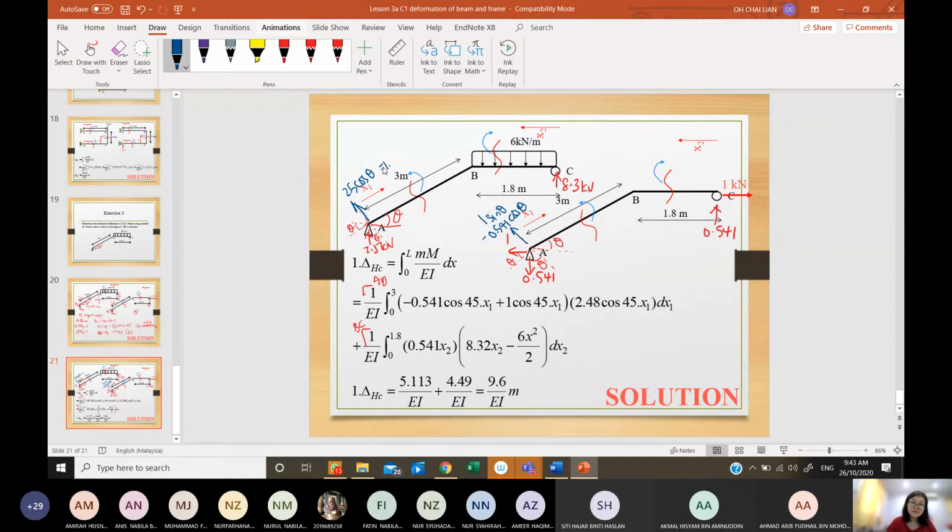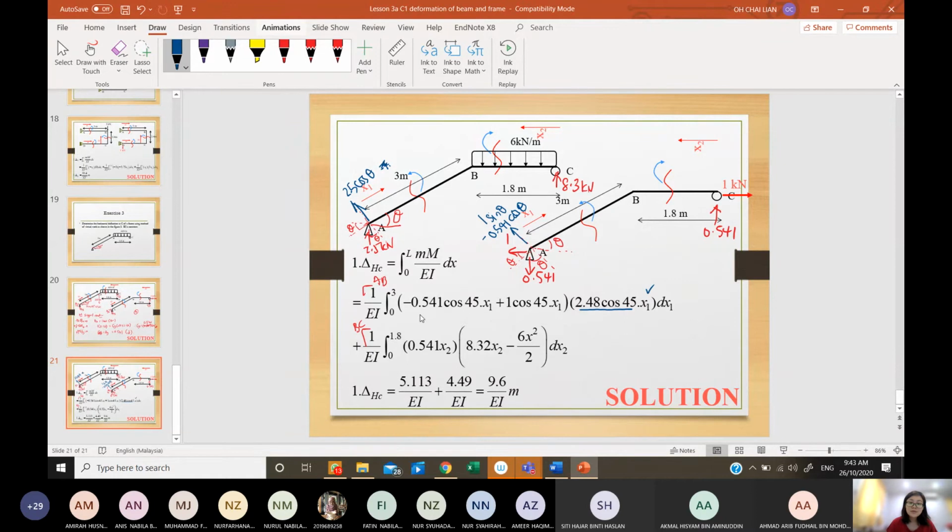Immediately put it here. 2.5, 2.48 cos theta. Okay, multiply x. This is correct. Opposite, positive, correct.